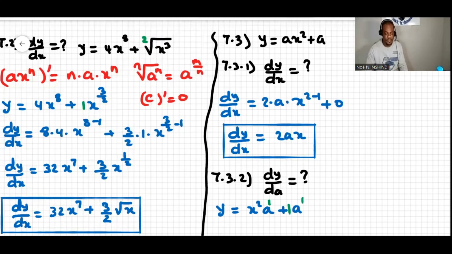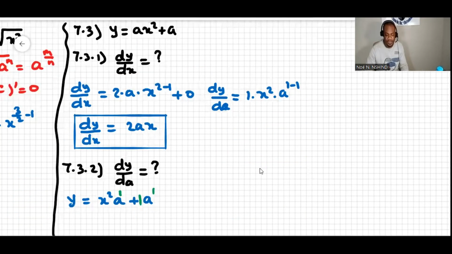Okay, so following this law, dy/da will be equal to 1 times x squared times a to the power of 1 minus 1, plus 1 times 1 times a to the power of 1 minus 1.